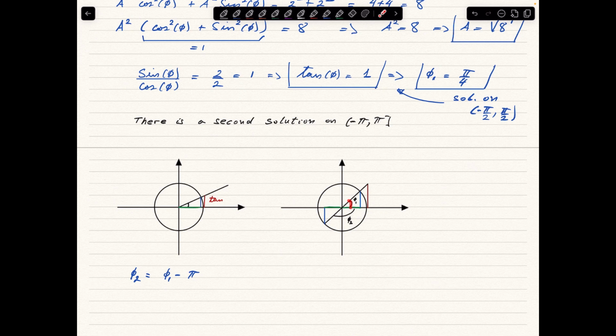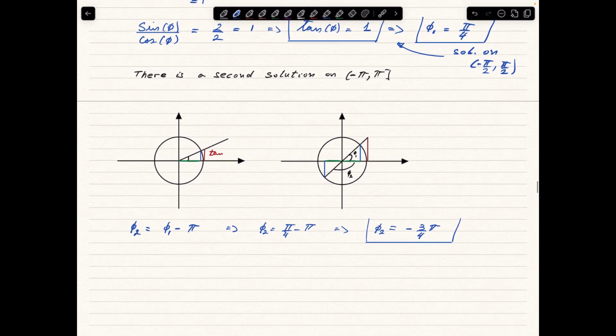Whatever you found minus pi is going to give you the second solution, which is going to be a negative angle in this case, and then phi 2 is pi over 4 minus pi, and that implies that phi 2 is negative 3/4 pi. Okay, so we have two possible solutions with the same tangent, tangent 1.